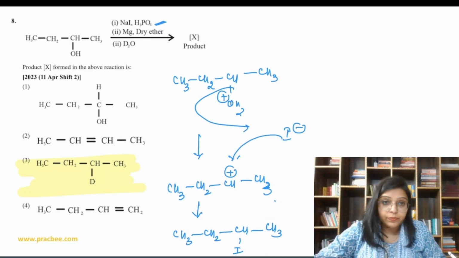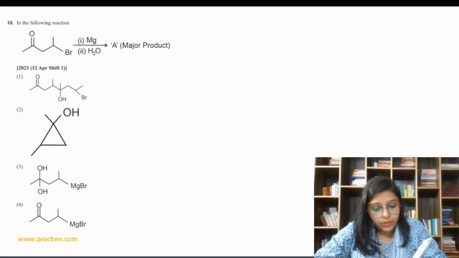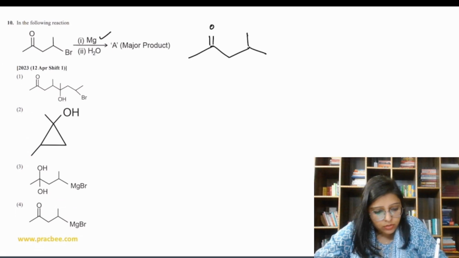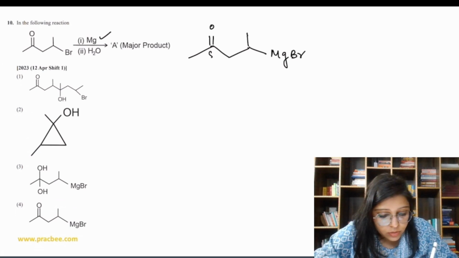That's it. Now let's do the next question. We have this one. First we have Mg. Dry ether is not given, but we have to form a Grignard reagent, so we write MgBr. Now what happens? We can do an intramolecular attack. This is delta positive, delta negative, and this is delta positive and delta negative.